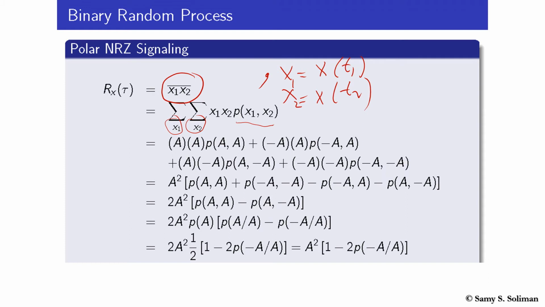However, x1 is either positive or negative A and x2 is either positive or negative A, and hence this double summation is summation of 4 terms.